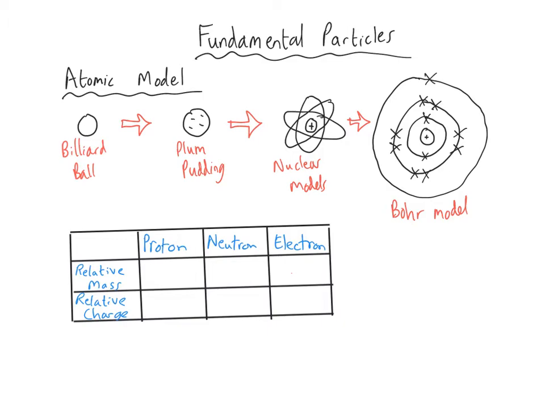So the nucleus of the atom contains the protons and neutrons, and these are held together by what's called the strong nuclear force, which, as the name suggests, is a very, very strong force, far stronger than the electrostatic attraction that holds these electrons in place around the atom.